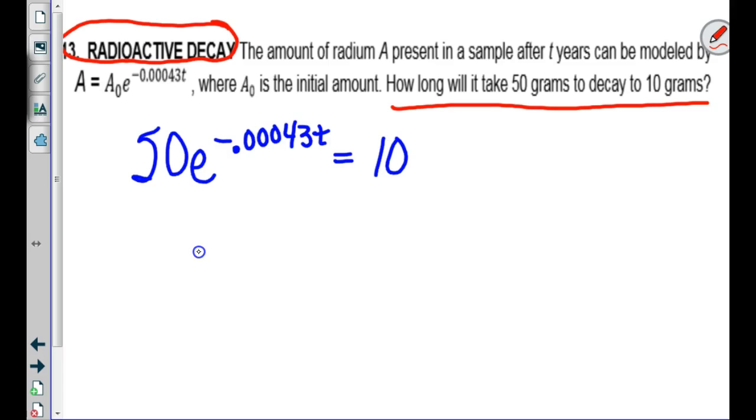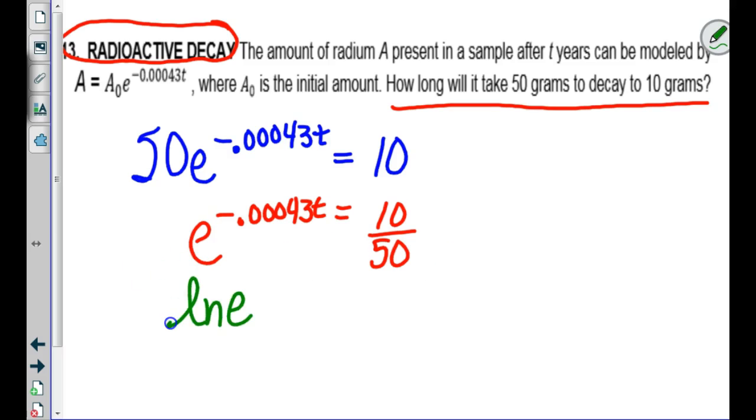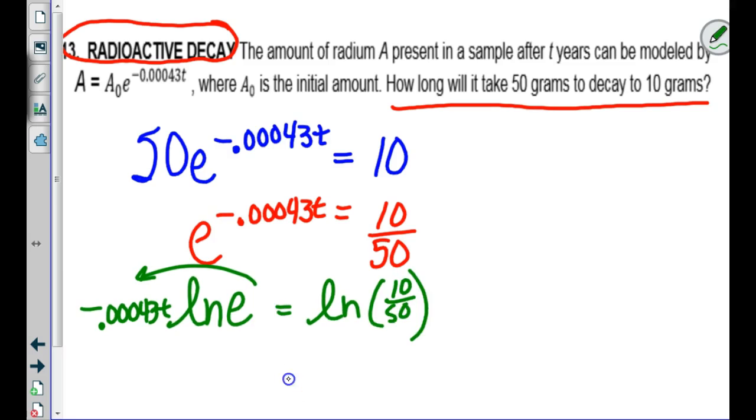Isolate, so what happens? Okay, 10 over 50 or 0.2 would be fine, or 1/5. Then what? I'm just too lazy to even write it or do it, because what do I have to do next? Take the ln of both sides, and that will put the exponent out front. This is whatever that's equivalent to is fine. What's ln of e? That's 1.